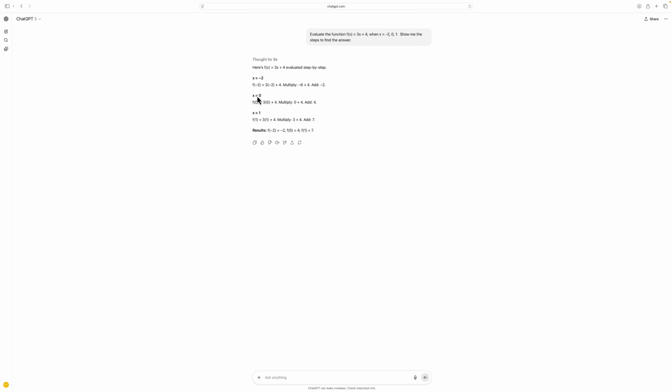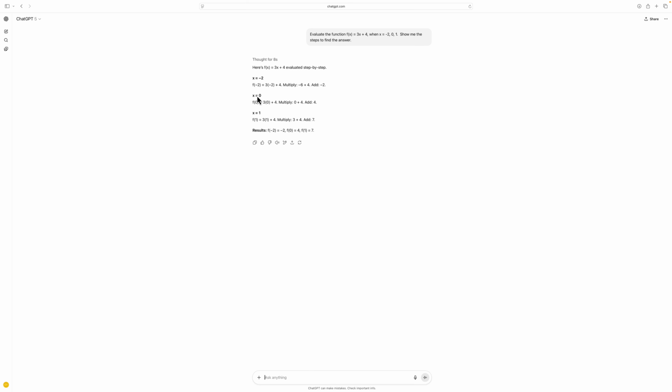That's going to give you 3 times -2 plus 4. Multiply, 3 times -2 gives you -6. -6 plus 4 gives you -2. You plug in x equals 0, and it gives you 4. And then you plug in x equals 1, and then it gives you 7.